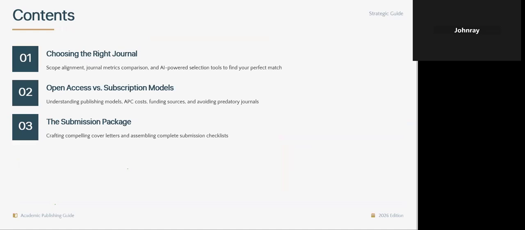We said they are choosing the right journal, and we looked at how to check if the journal's aim and scope align with what you have put down. You must check those things first. They also looked at the metrics of the journal, and we also shared some tools you can use to find journals which will probably be aligned with that.